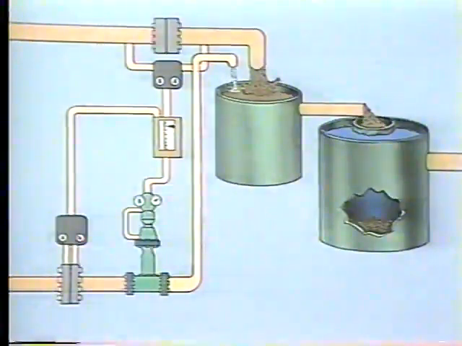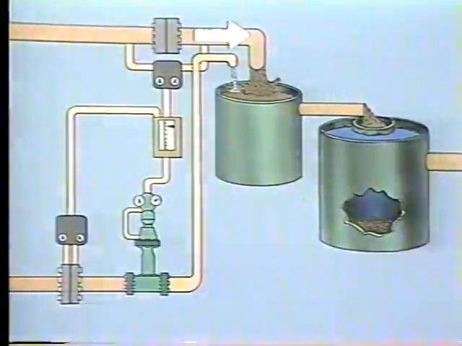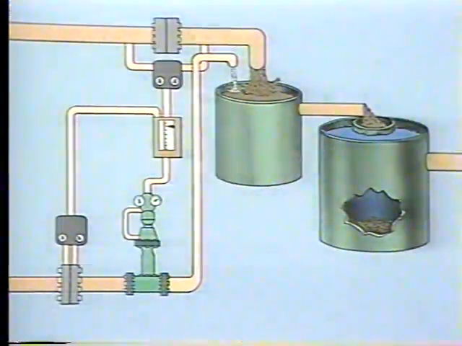Up to this point, we've seen the instruments used in this system, and we've examined their control functions. Now let's see how this control system maintains the ratio between chemical solution flow rate and wastewater flow rate. This flow transmitter measures the flow rate of the wastewater and produces a signal that is sent to the ratio controller.